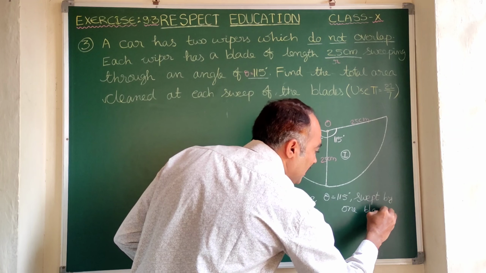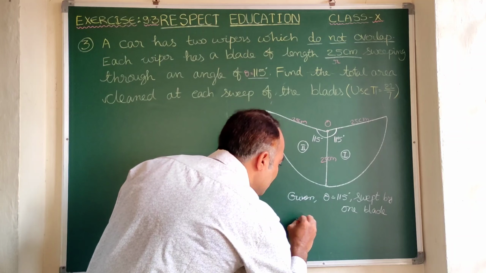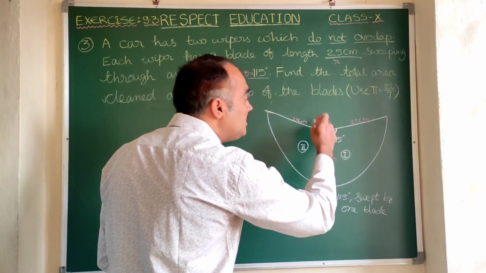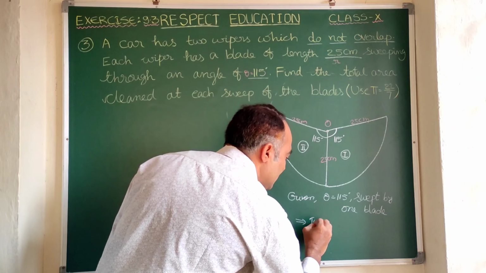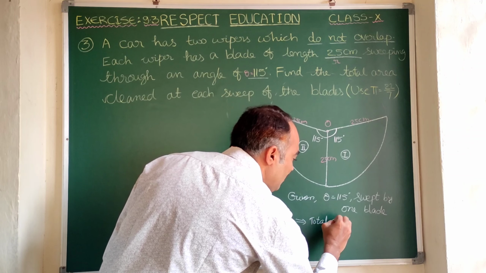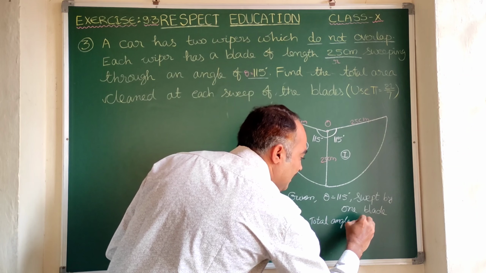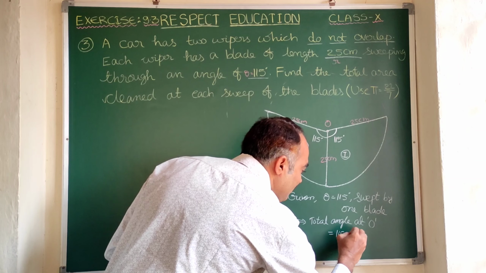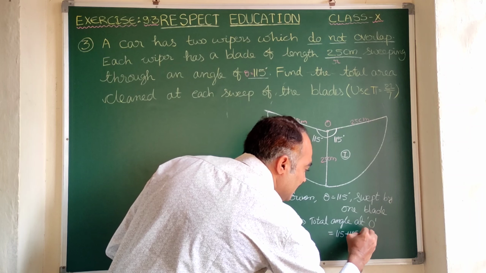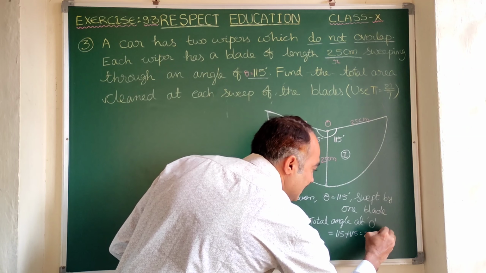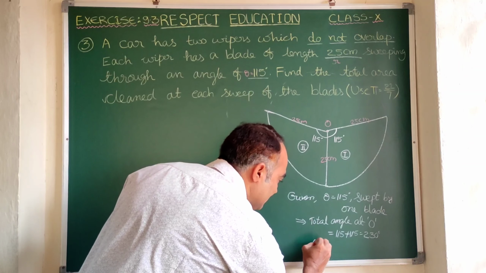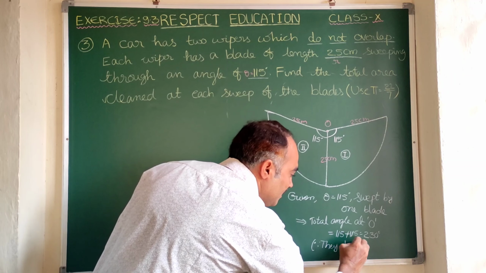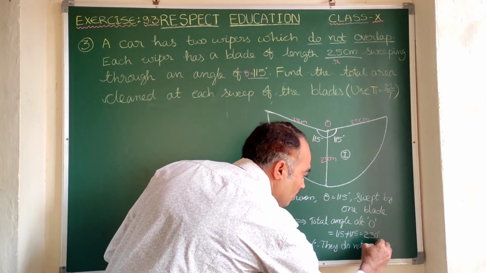So the total angle found by both the wipers, therefore we can write total angle at the center O is 115 plus 115. It is 230 degrees, since they do not overlap.